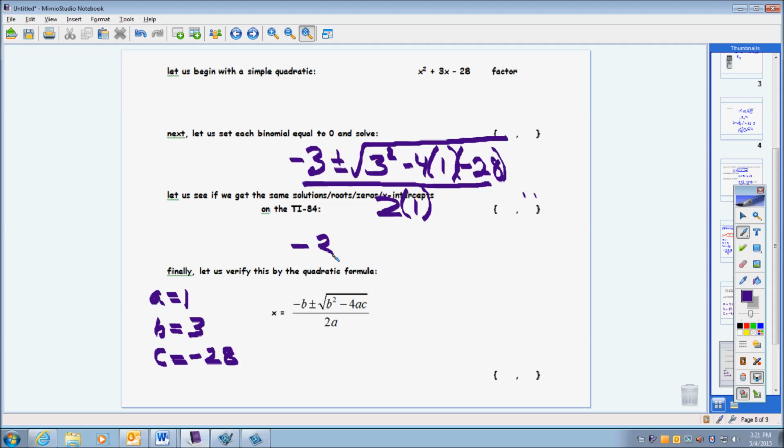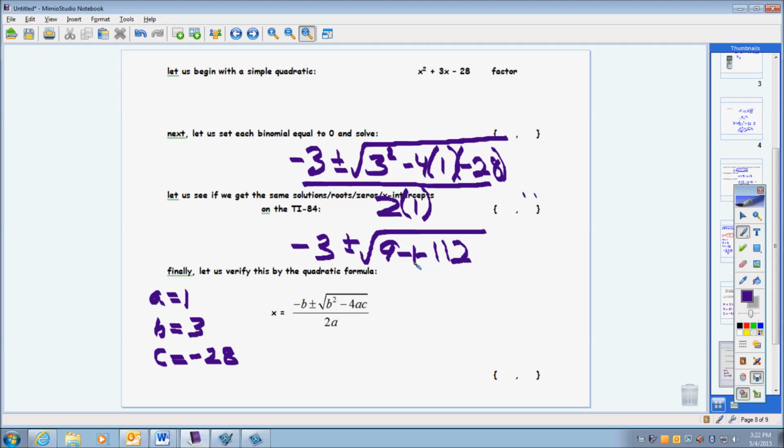Okay, let me do this fast. So negative 3 plus or minus. Inside the radical, we're going to have 9. I've got a double negative here, so minus negative 112. 4 times 1 times 28 is 112. Is that right? Yep.